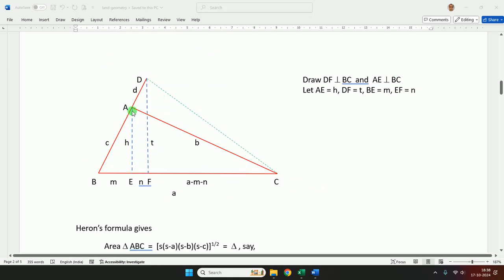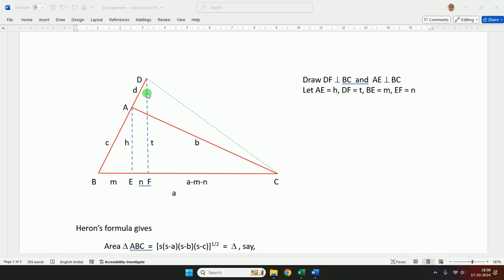Finally, if we consider the bigger triangle, this right angle triangle DFC, then the side t is known, a minus m minus n is known, therefore by Pythagoras theorem this will be known.